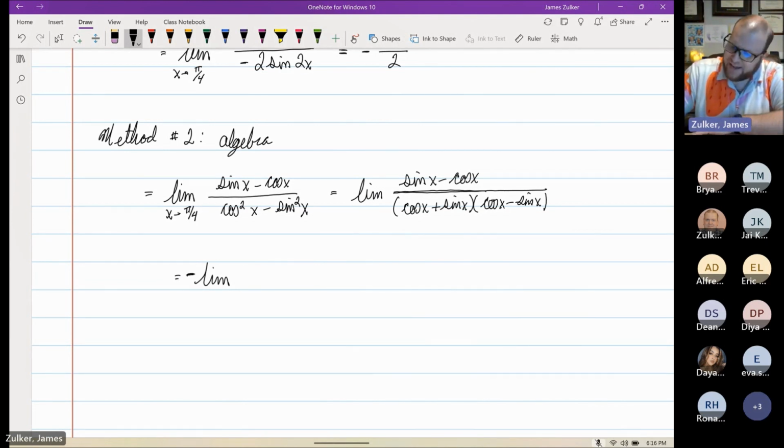If we factor out a negative from the numerator, we can write it as cosine minus sine.